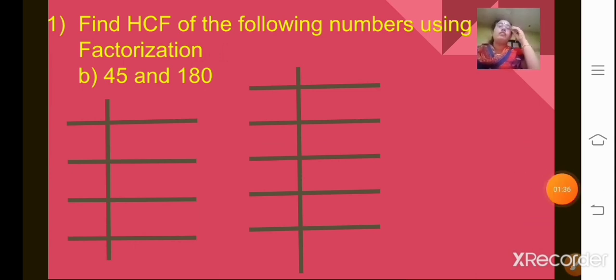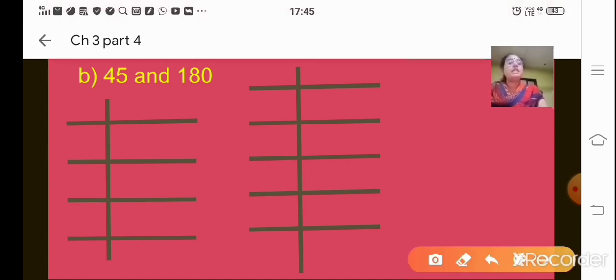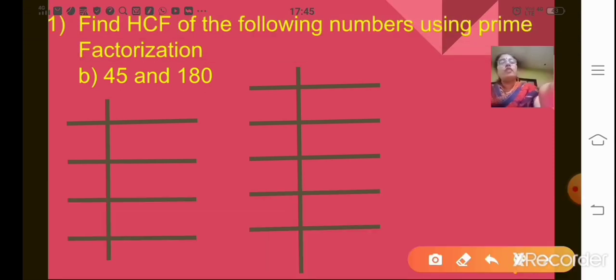Now here you have to find the HCF of the following numbers using the prime factorization method. The numbers are 45 and 180. So we'll write the numbers first, 45 here and 180.